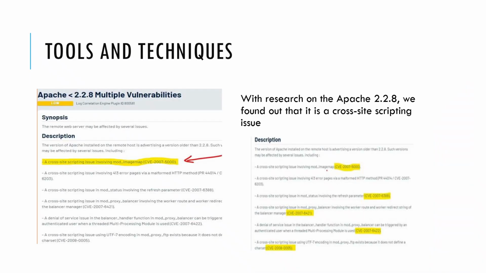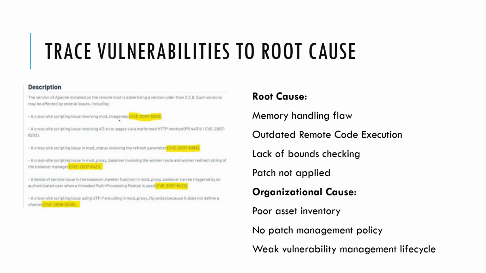The tools and techniques which were used with research on Apache 2.2.8 on multiple vulnerabilities, we found out that it is a cross-site scripting issue. Now we need to trace the vulnerability to the root cause.